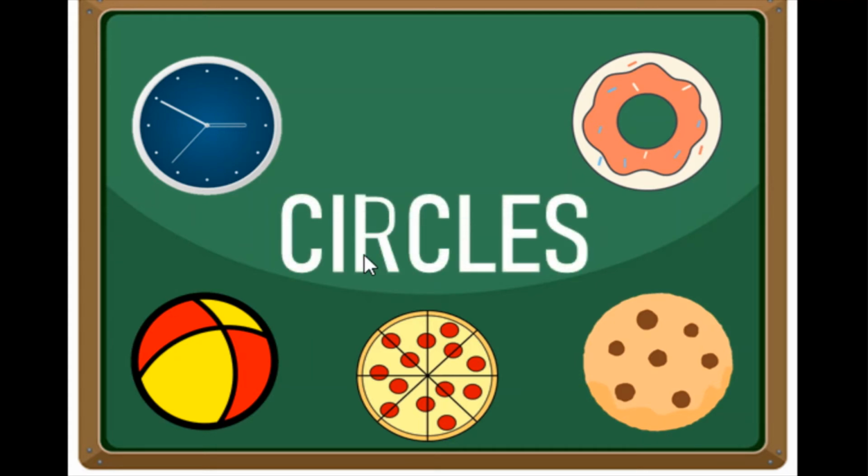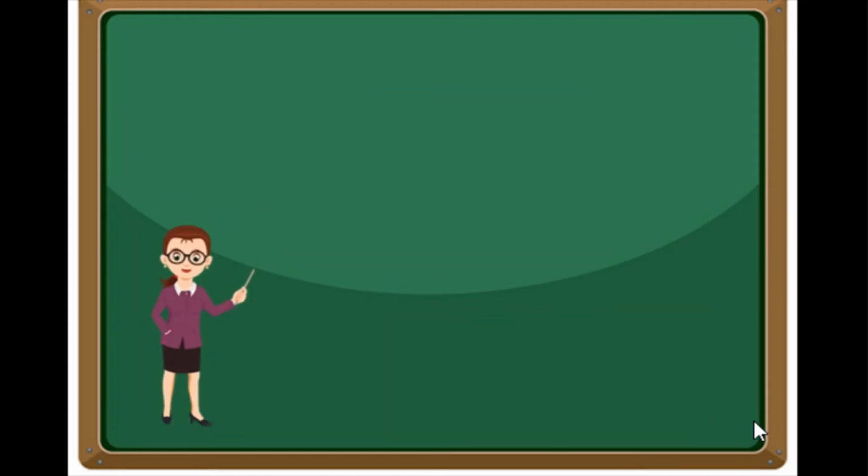Now everybody say circles. Circles. C-I-R-C-L-E-S. Circles. Okay, very good. Now, let's try to know the different components of a circle.